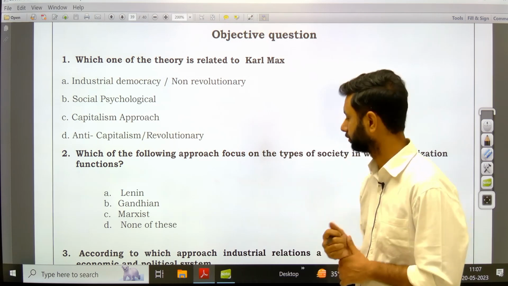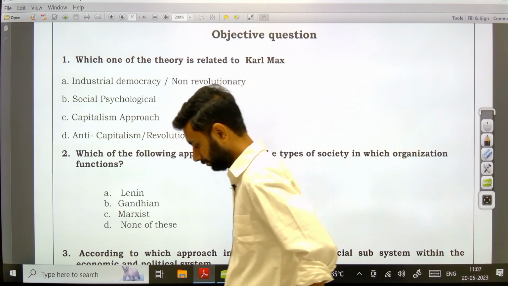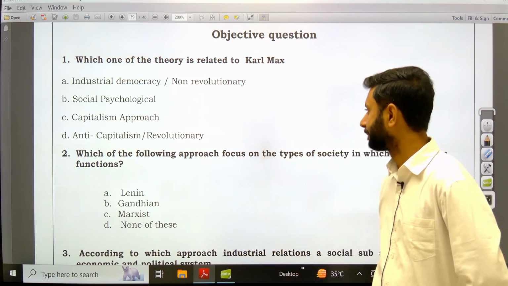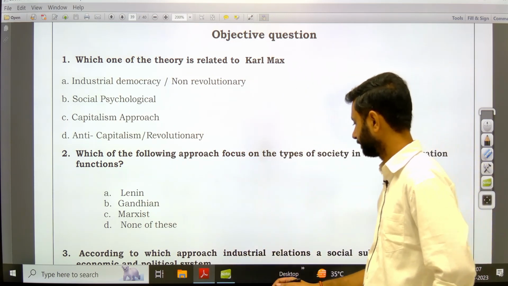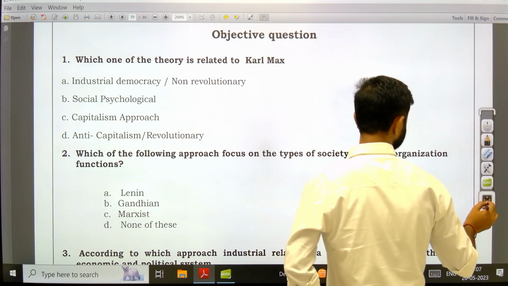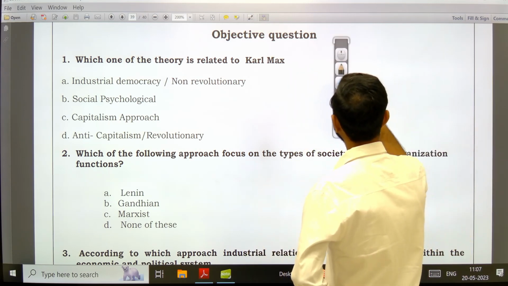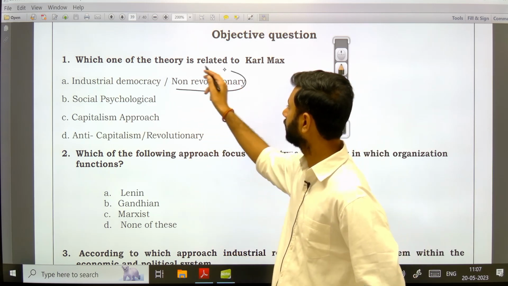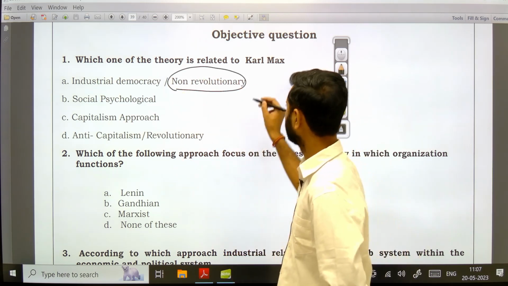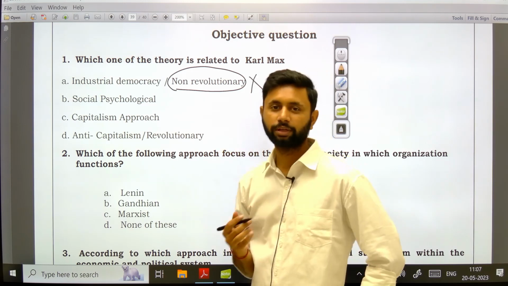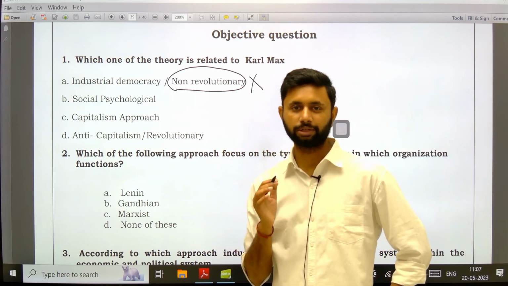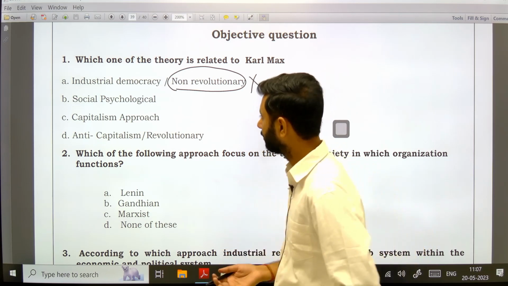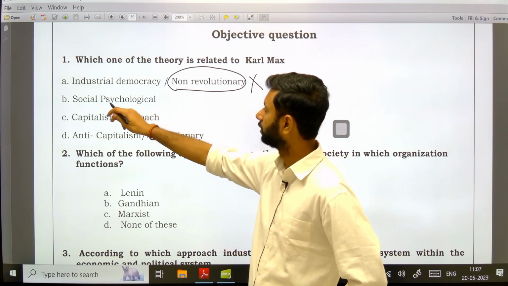Non-revolutionary is incorrect because he talked about communist revolution and revolutionary actions to end class struggle and establish a just, equitable society.